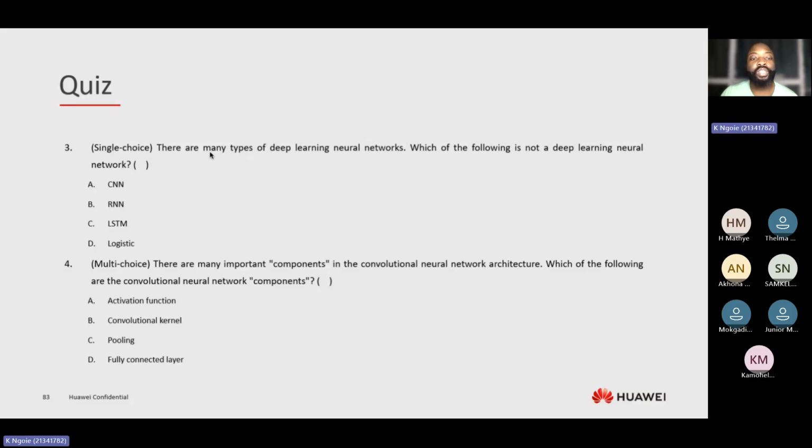Single choice question. There are many types of deep learning neural network. Which of the following is not a deep learning neural network? D. Sorry?